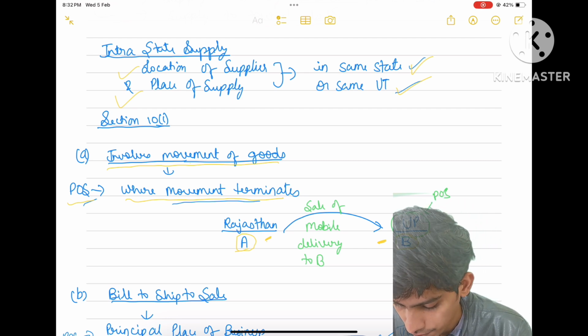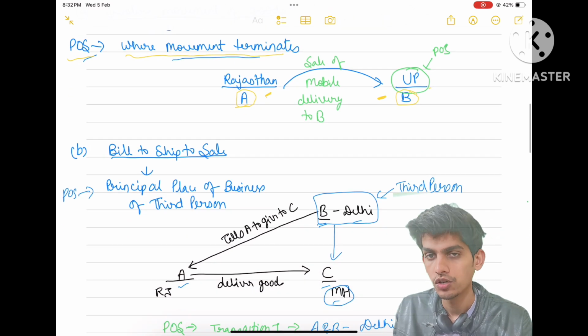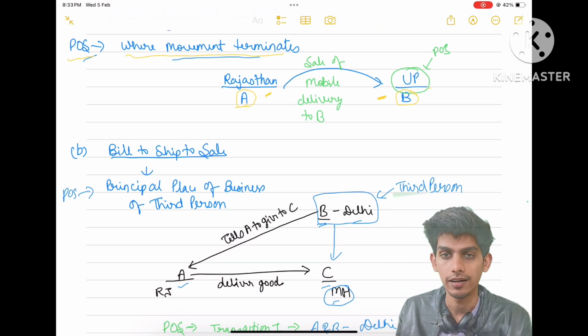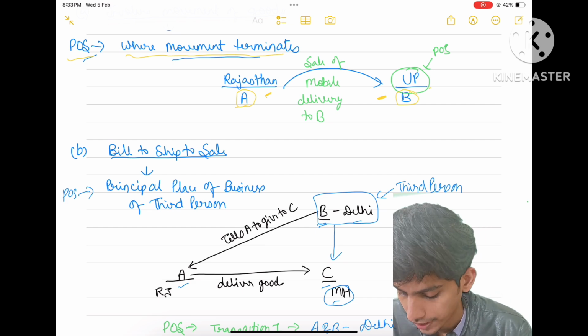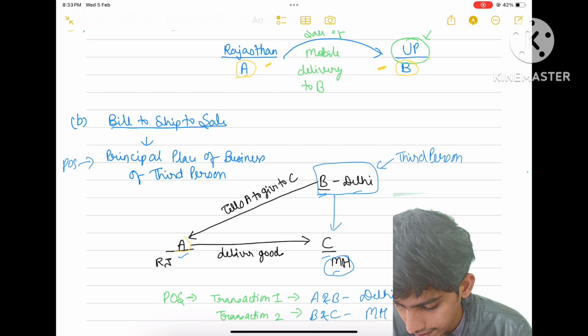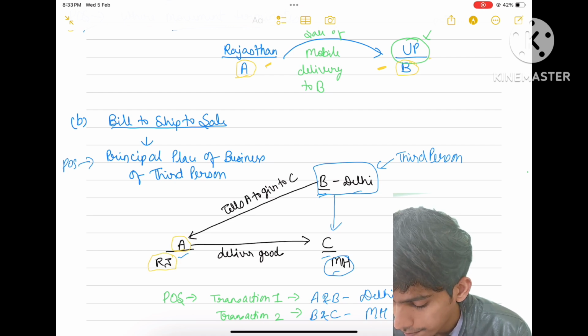So the next provision is bill to ship to sale. We have to understand the transaction first, then we will know what the provision is. Suppose A is the seller. He is from Rajasthan. B is the buyer. He is from Delhi.